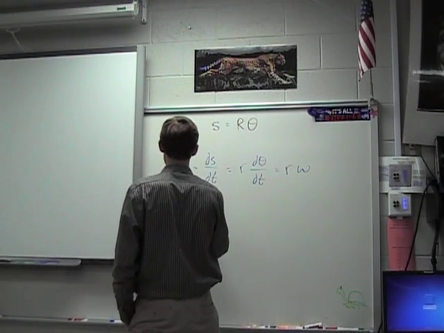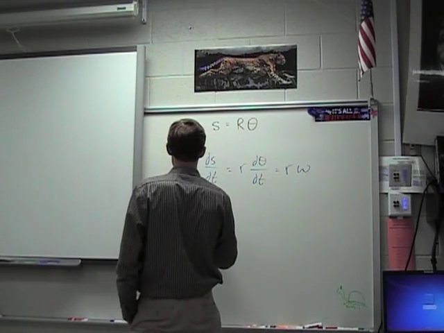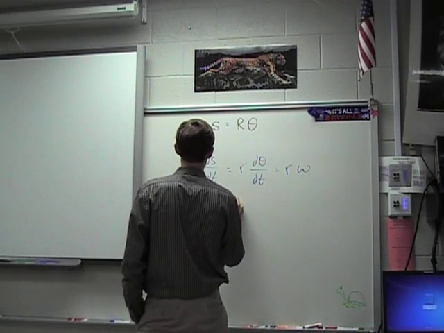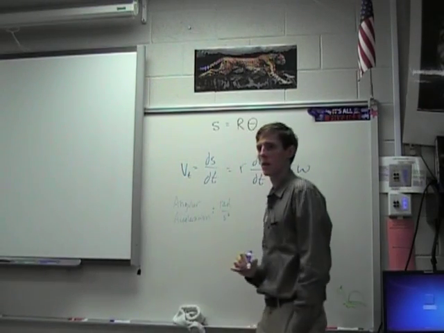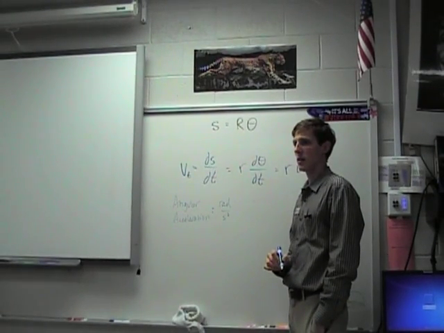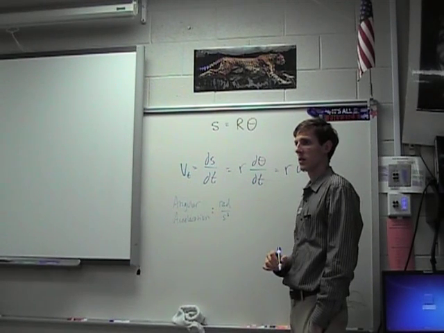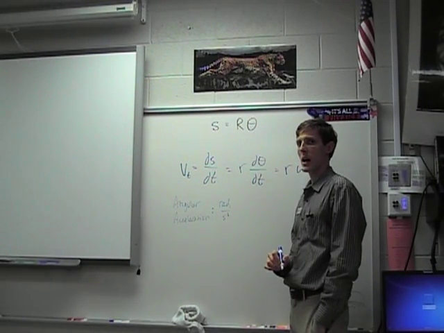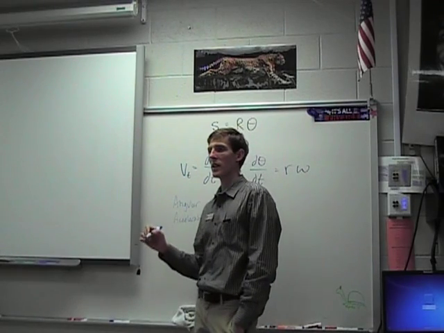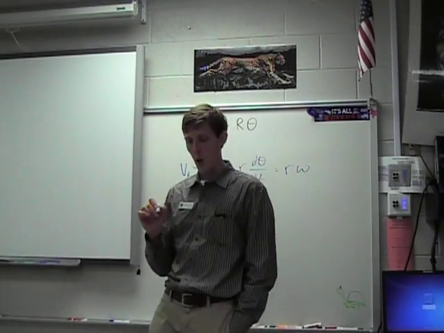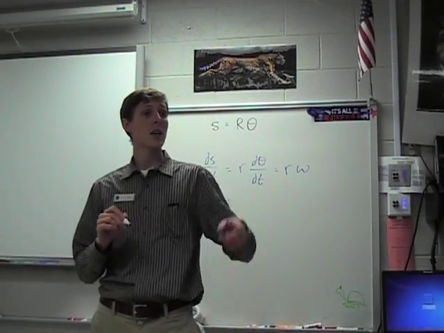So angular acceleration, I expect the units to be radians per second squared. How do you think we calculate it? Omega over t. Yeah. How did you calculate acceleration? What is the equation for acceleration? dv dt.